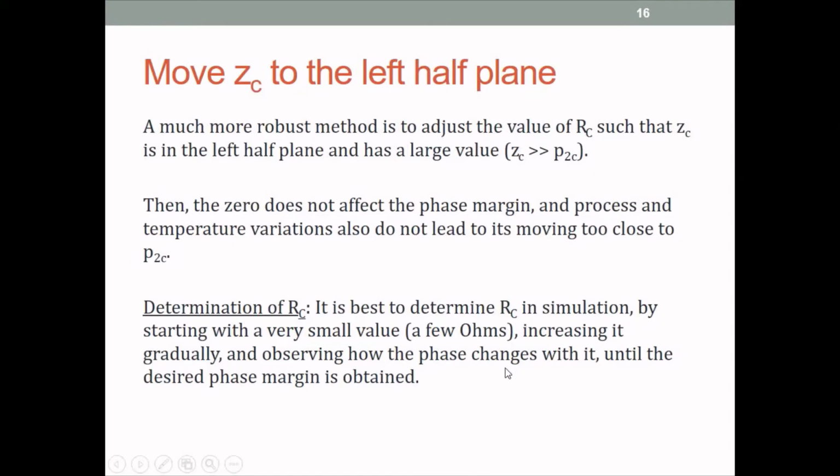As you gradually increase RC, the phase margin will gradually increase. It will reach a maximum, and then if you increase RC further, the phase margin will start reducing again. So think about why that happens also. You want to choose a value of RC that gives you a nice phase margin of about 60 degrees or so. You will in fact do this in assignment 4.